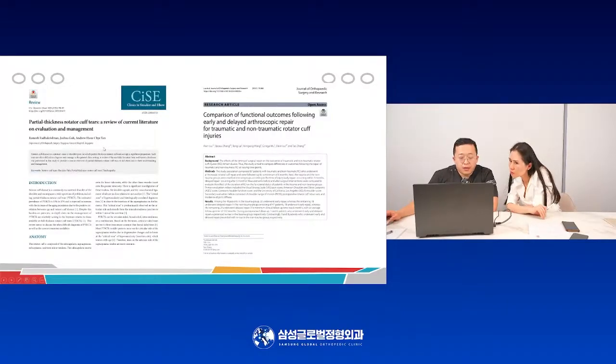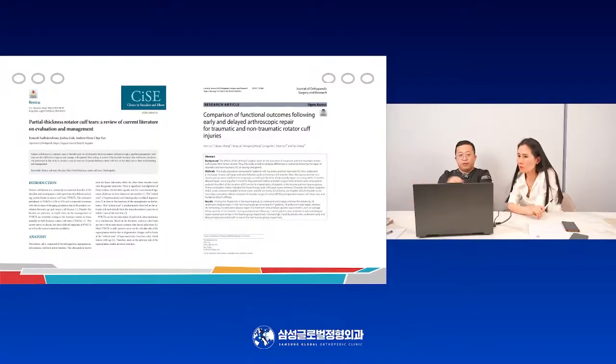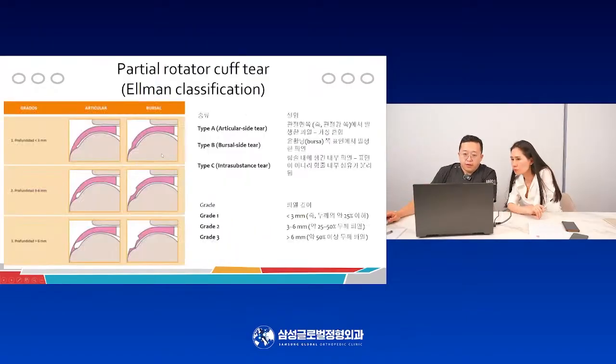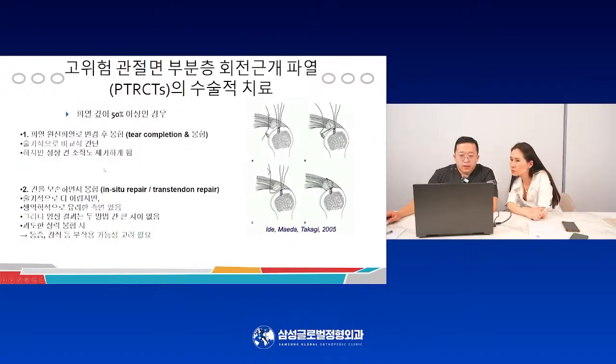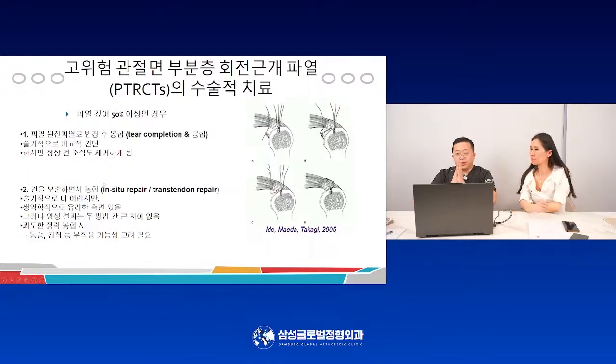So there are a lot of papers about how we have to manage the partial tear. Ellman classifies the partial rotator cuff tear like that. There are three types, type A, type B, type C, and they divide it into grade 1 to 3, right? By severity, okay? So nowadays, a lot of doctors are trying to make a consensus on the treatment protocol, okay?